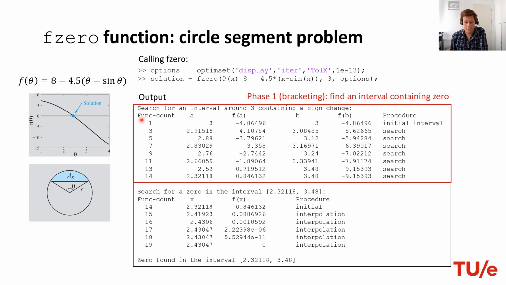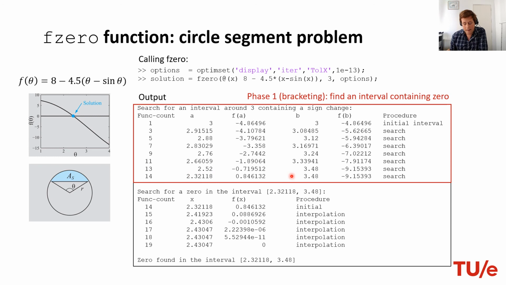And then it successively updates both a and b up until the point where it finds, in this iteration, a and b such that f of a and f of b are different in sign. So the program knows now that there is a 0 in between 2.32 and 3.48. And this took 14 function evaluations.